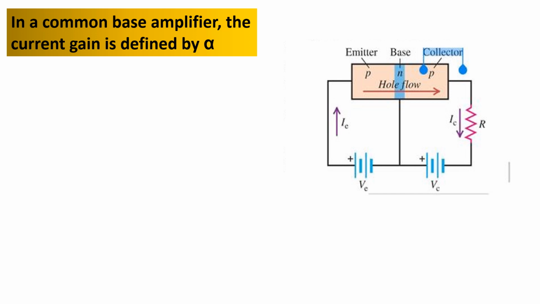It's called common base amplifier because if you notice, the emitter and the collector both share the same base. The junctions are between the emitter and the base, as well as between the collector and the base.